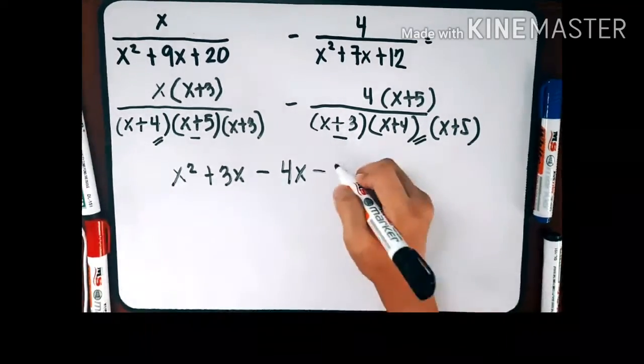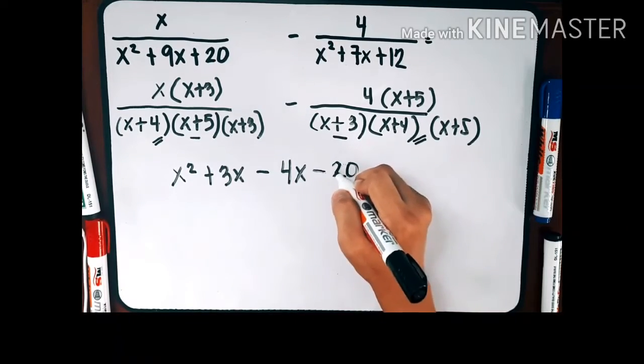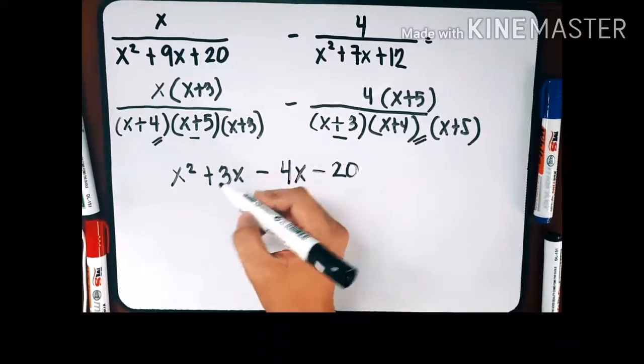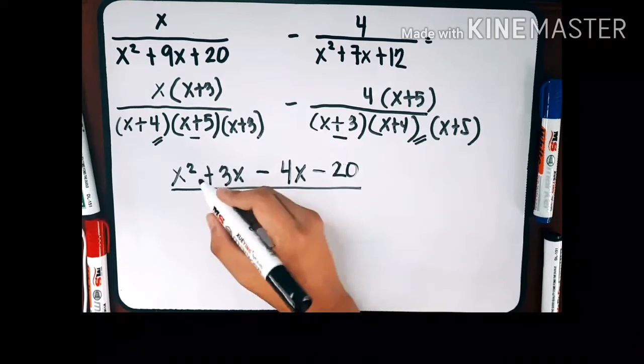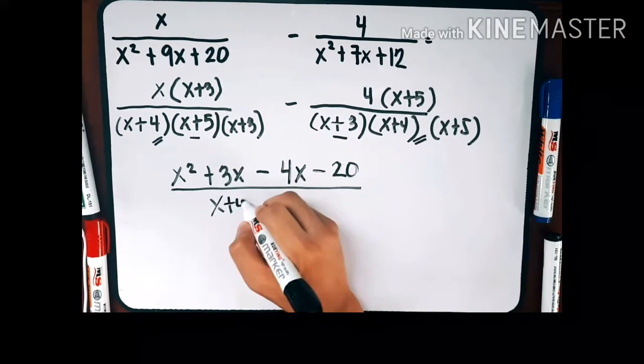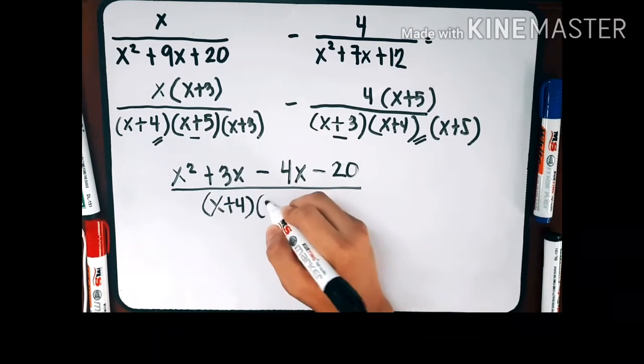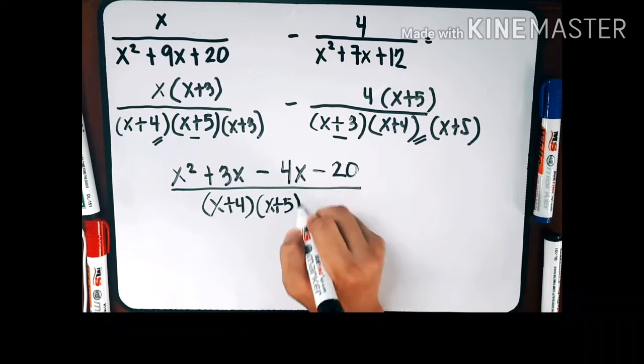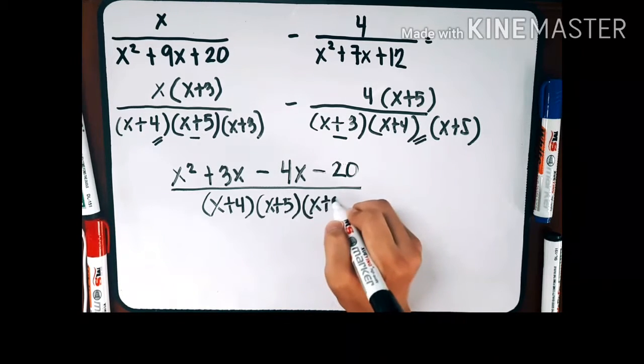So that would be negative 20 over x plus 4, x plus 5, and x plus 3.